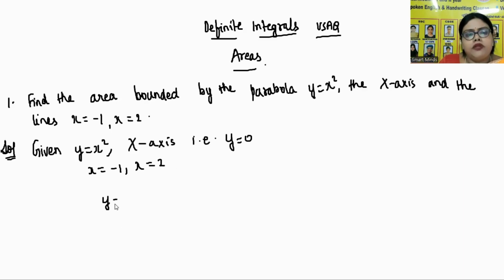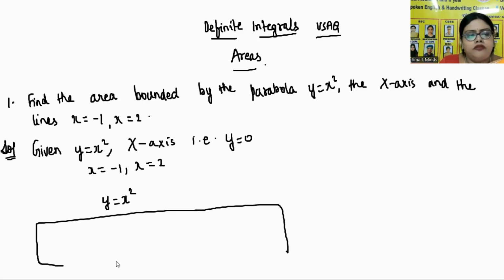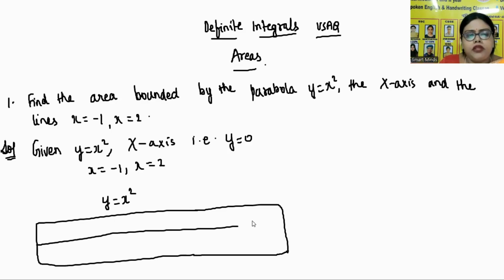Now for y equals x square, let us form a table. Based on the values of x, y values change. In the first row, we write x. In the second row, we write y.